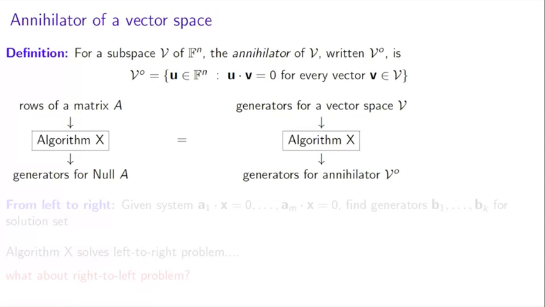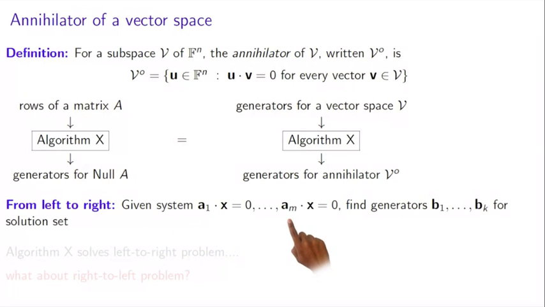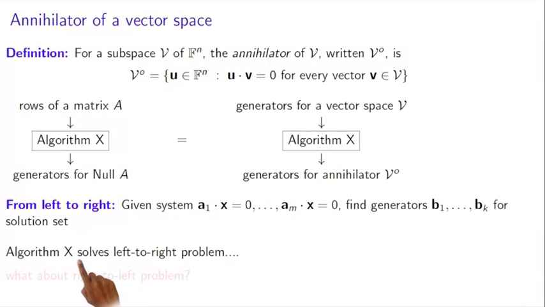We originally said that our algorithm X takes as input the rows of a matrix A and outputs generators for the null space of A. But we can equally well interpret algorithm X as an algorithm that takes as input generators for a vector space big V and outputs generators for the annihilator of big V. As we've said before, the conversion problem in which we go from a homogeneous linear system to generators for its solution set is solved by this algorithm X. But what about the other conversion problem?